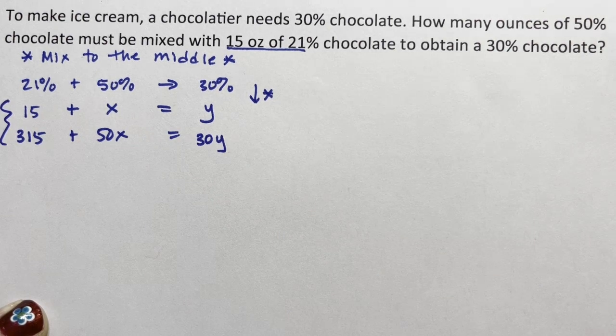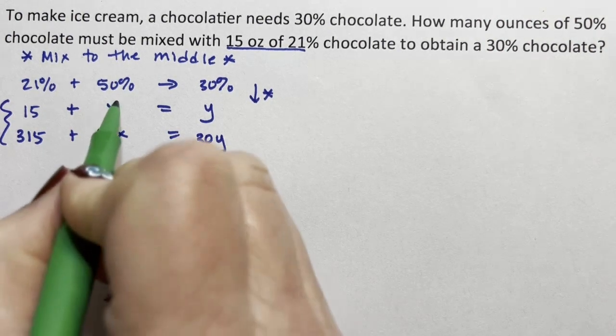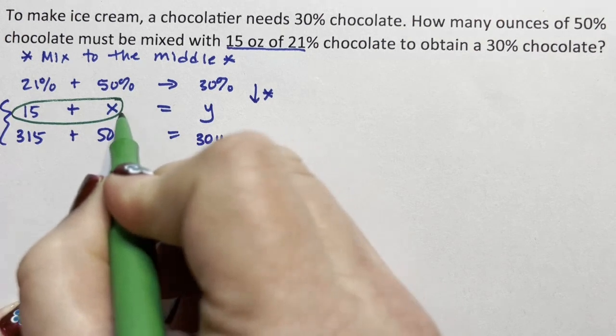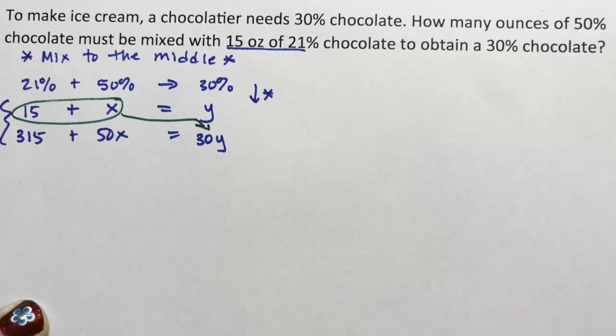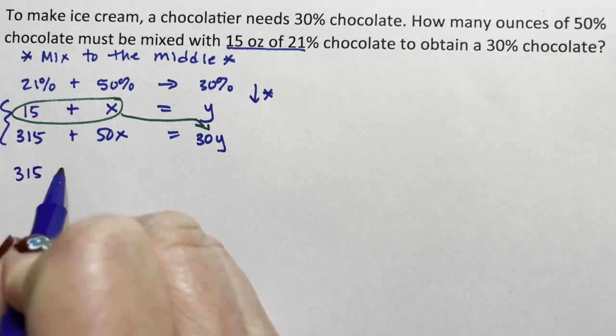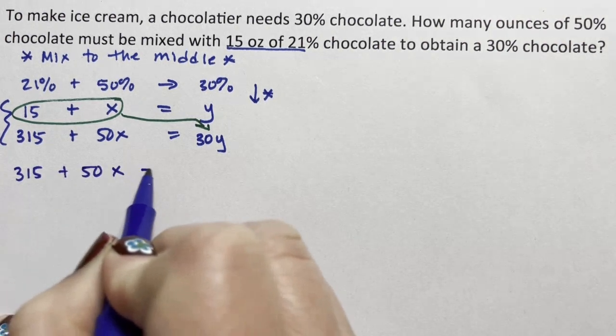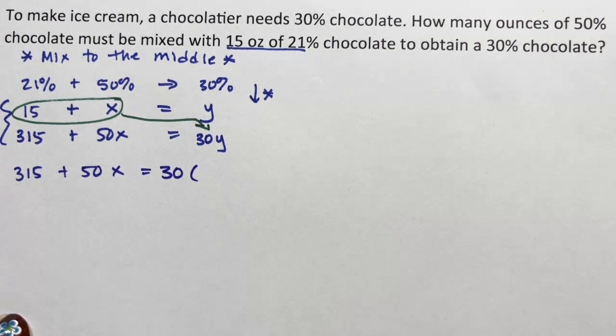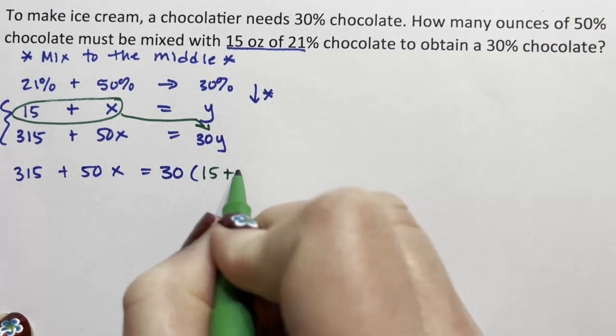This is genius. I'm now going to use substitution, and I'm going to substitute this into y over yonder. So I have 315 plus 50x equals 30 times y, but instead of y, I'm going to put in the 15 plus x.